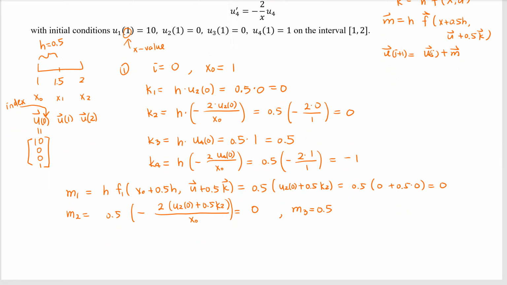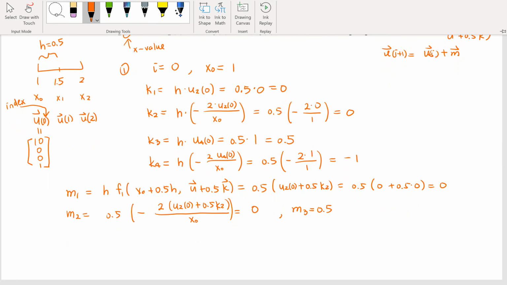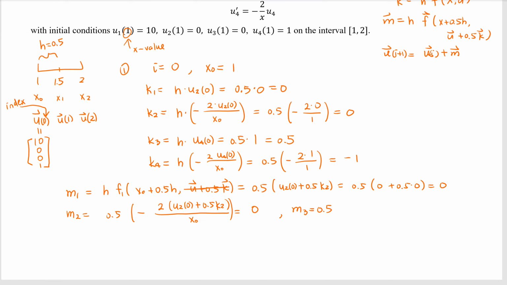U4 is the fourth coordinate of this vector, let me highlight it, which is U4 of 0 plus 0.5 times K4. U4 of 0 is 1, plus 0.5 times K4, which is minus 1. So this is 1 minus 0.5, which is 0.5. 0.5 times 0.5 is 0.25. So M3 is 0.25.